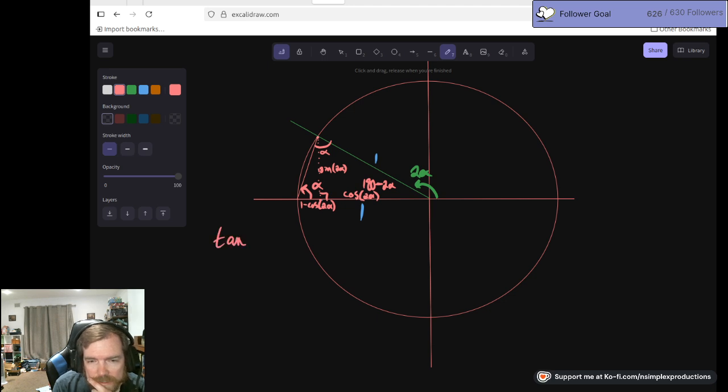This is tangent of 2 alpha. We want to get the tangent of 2 alpha based on stuff that involves alpha only.